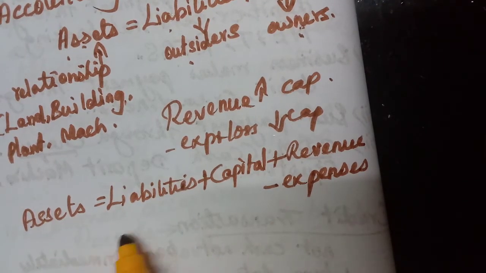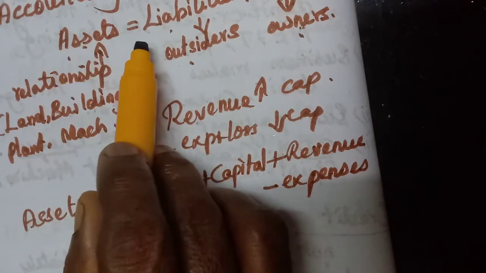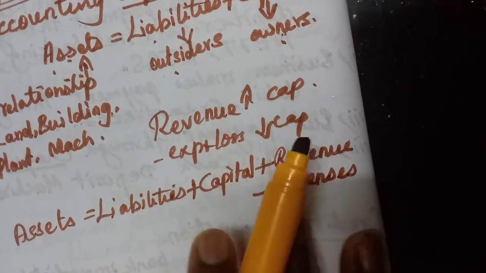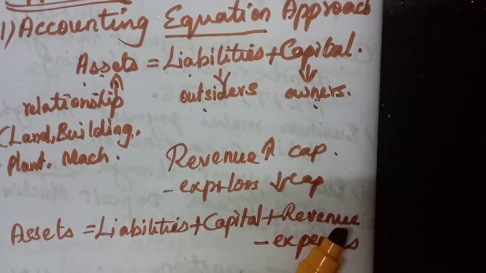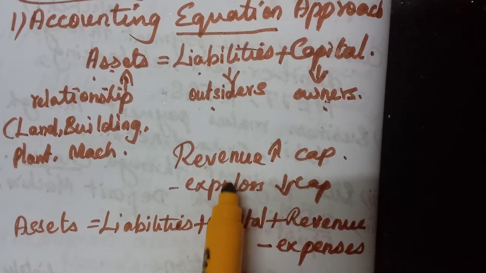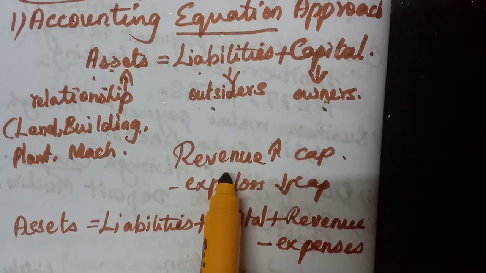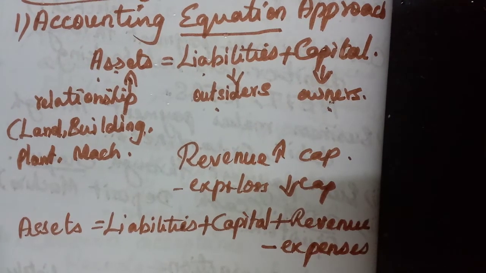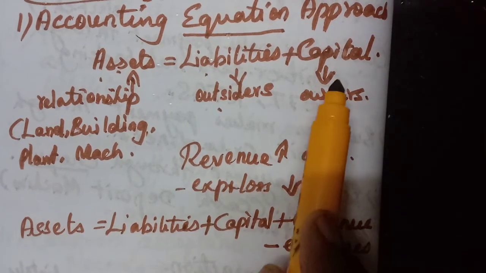The main accounting equation is assets is equal to liabilities plus capital. So when he receives any revenue, that sale will increase his capital, or if he receives any income, that will increase his capital.